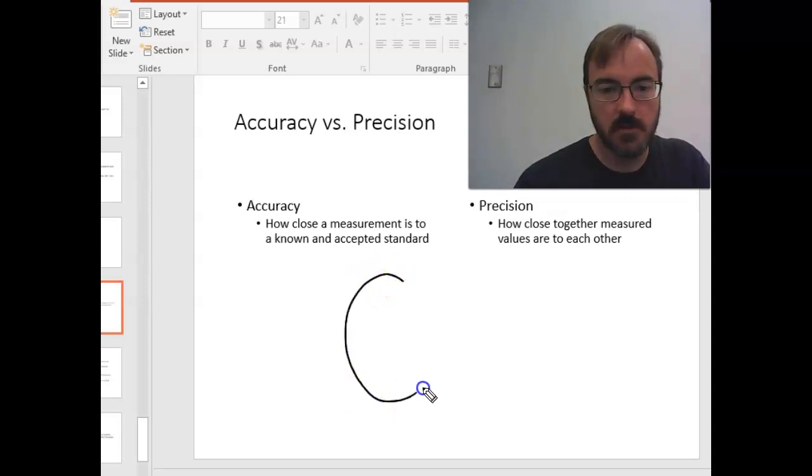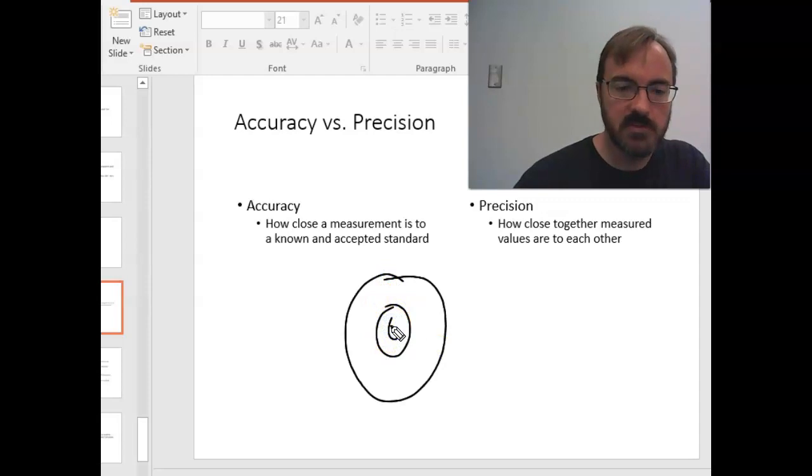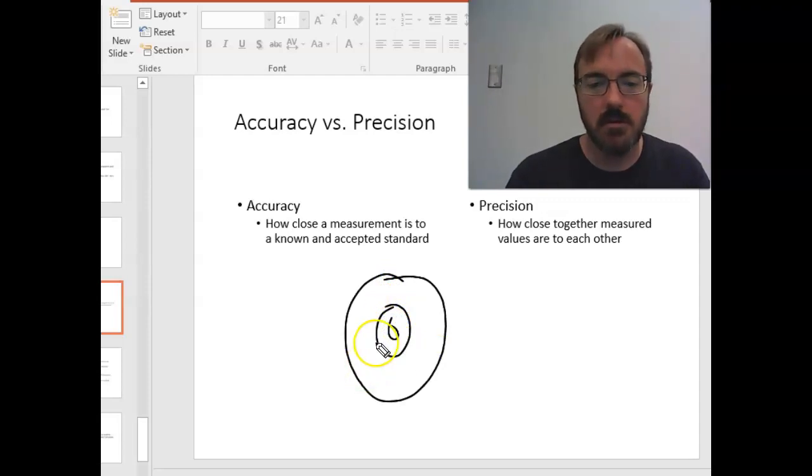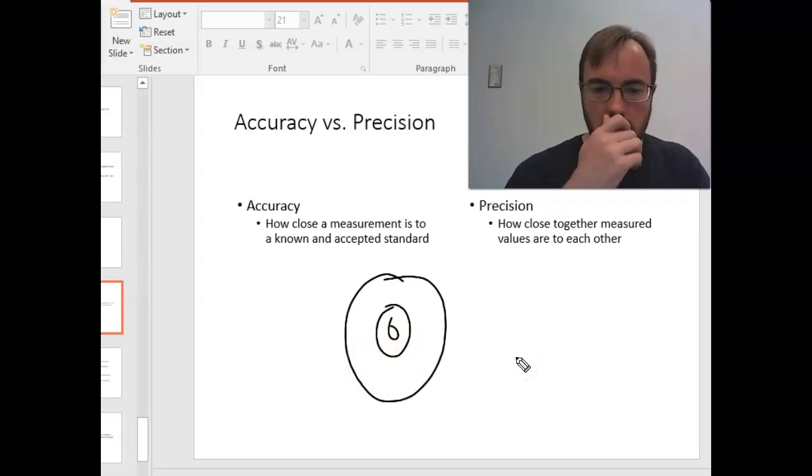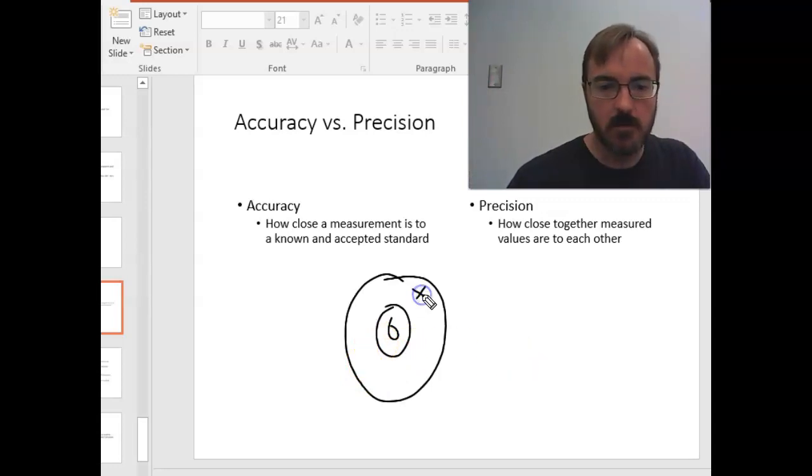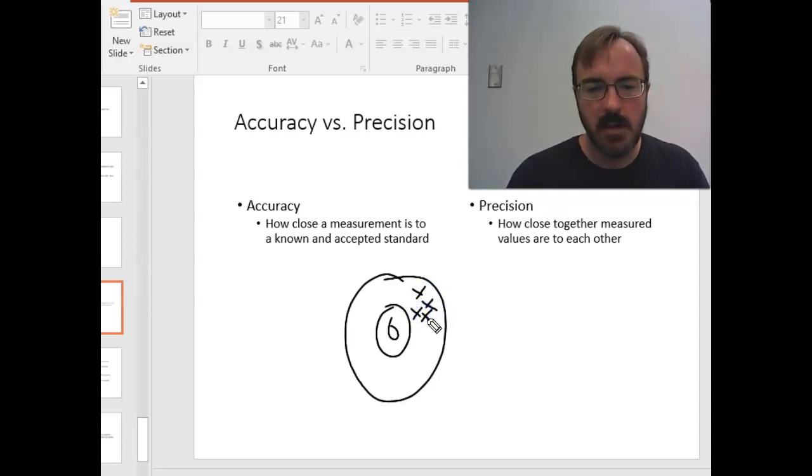So let's say you have a target and you got the bullseye in there, and you shoot your bow and arrow or whatever it is, and you get hits that are kind of all like that. Well, you look at it and you say, hey, my sights must be off. All right. And this is actually not such a bad situation to be in.